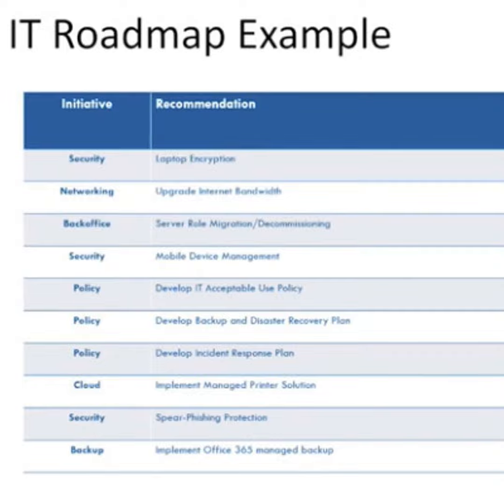Server decommissioning, if you have critical information on an old server that's out of warranty, that's at risk of failure, that's pretty high risk as well. The managed printer solution, that's maybe not as urgent. That could even be low urgency if no one's really coming into the office.